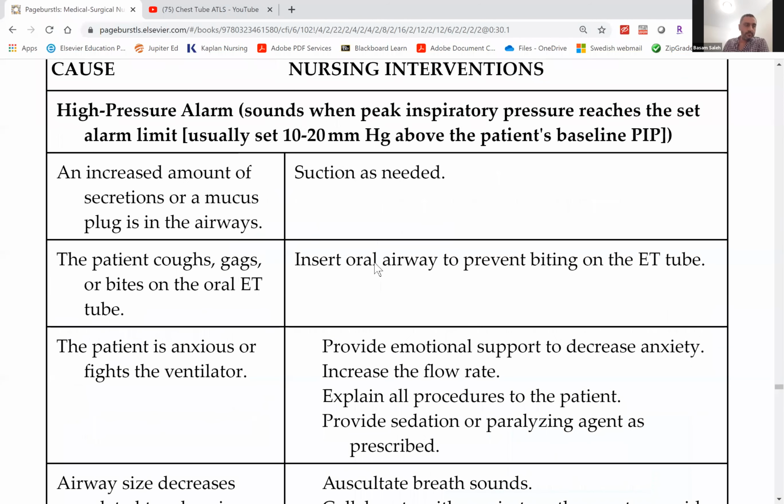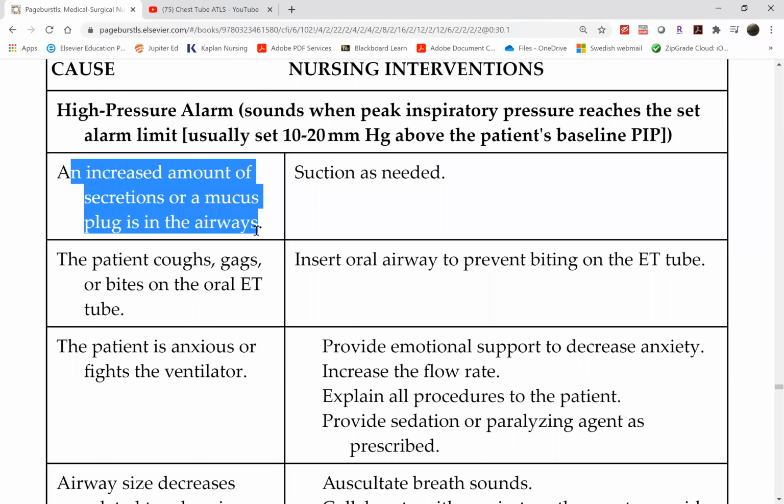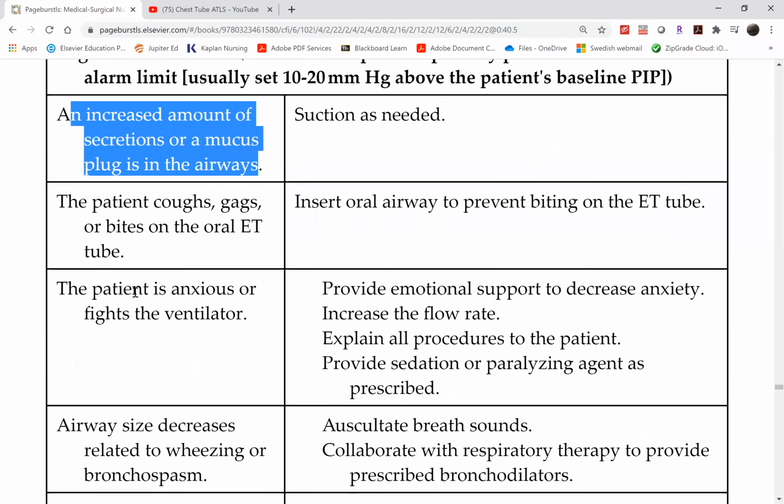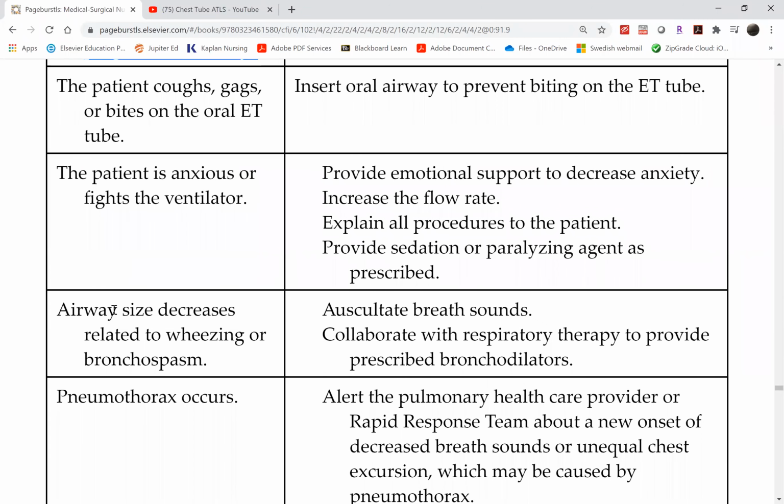Because remember, you have the patient and then you have the vent. Between them, you have a circuit tubing. Then, of course, you have the airway. So what will happen if there is increased mucus in the airway? The patient coughs, gags, or bites the tube. Patients fighting the ventilator.